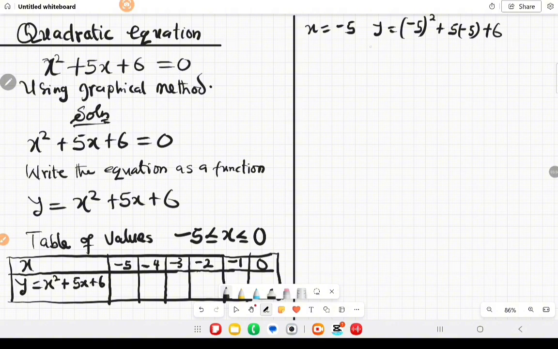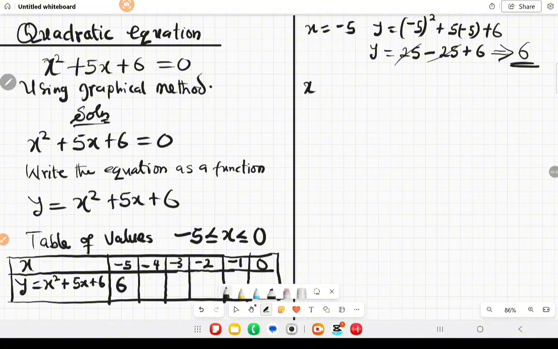Minus 5 squared gives us 25. 5 times minus 5 gives us minus 25, plus 6. The plus 25 and minus 25 cancel out, leaving 6 as the answer. We come back and write it here.